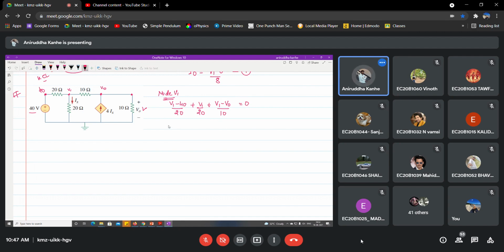What about the other node? V0 minus V1 by 10. Absolutely right. Next, minus 4ix is equal to 0.